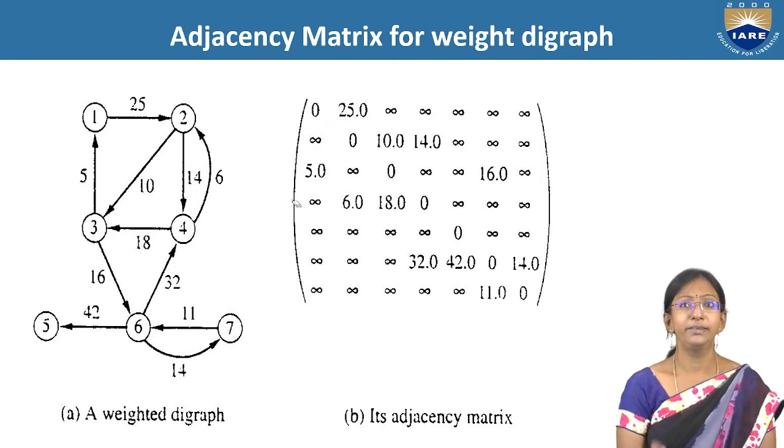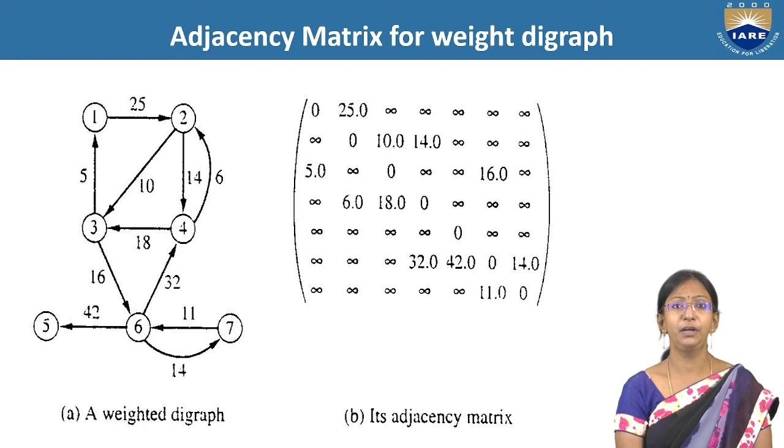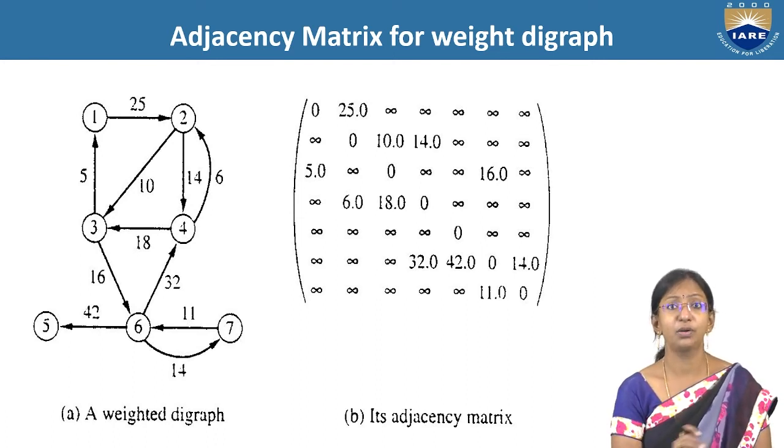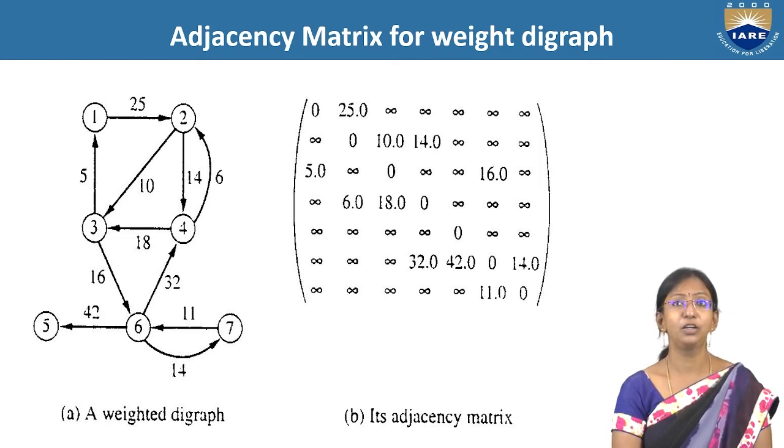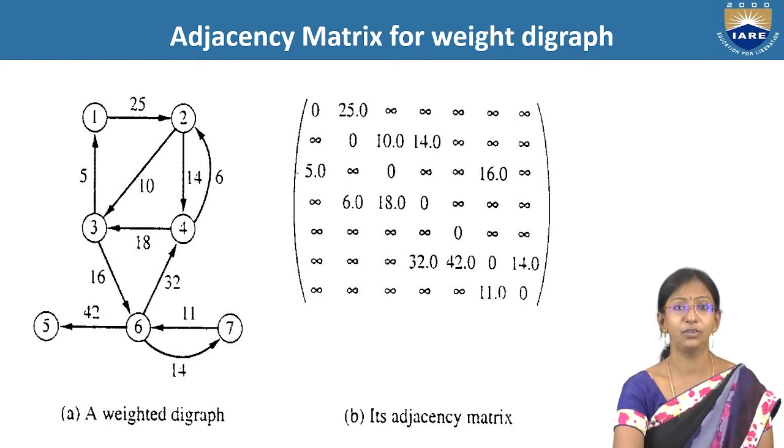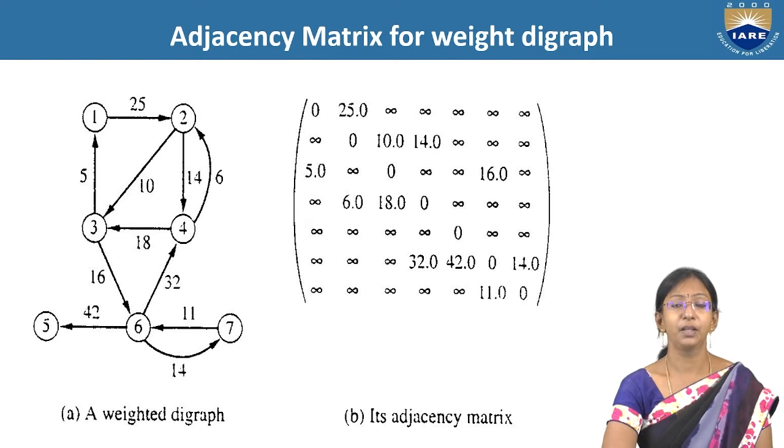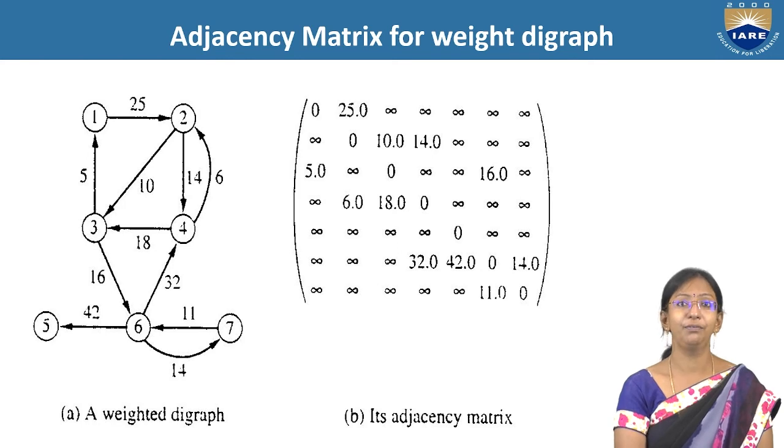So the adjacency matrix will be filled with the weights on the edges, but not based upon the weights on the path. It is purely based upon edges. If they share an edge, then the cell will be filled. If there is no edge, it will be filled with infinite, saying that right now there is no direct edge between them.